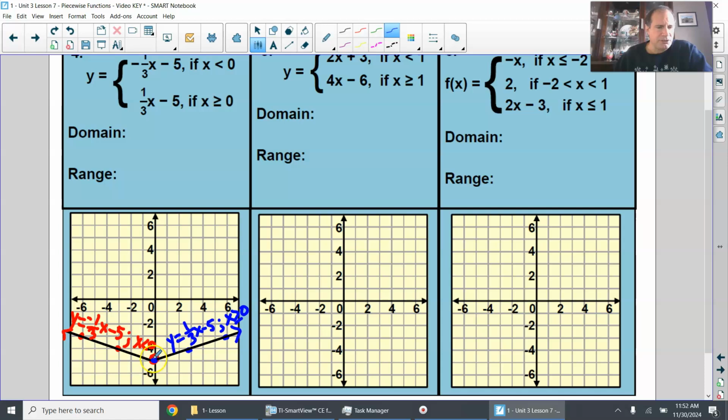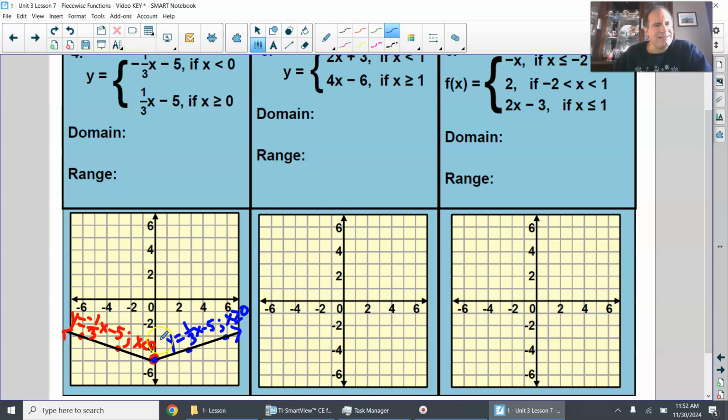So I put an open circle there, and I graph that section of the graph. And then 1/3 x minus 5, and then graph that section. So basically, you're just figuring out that this right here is what closes the circle.